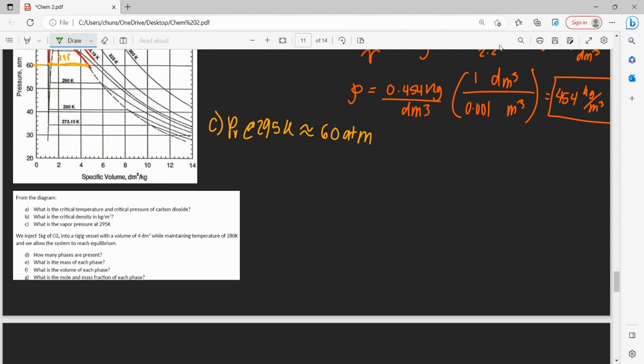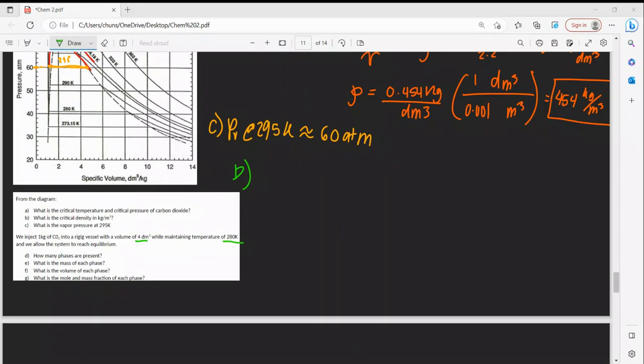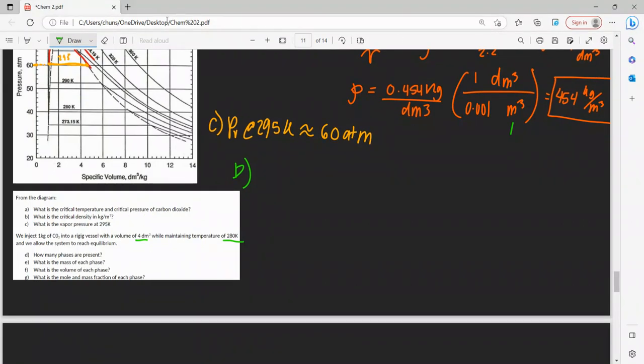So if we inject 1 kilogram of CO2 into a vessel with 4 decameters cubed while maintaining a temperature of 280 Kelvin, we allow the system to reach equilibrium. So how many phases are present? All right, so how would we check this out? So what we can do, we can calculate specific volume from our given conditions.